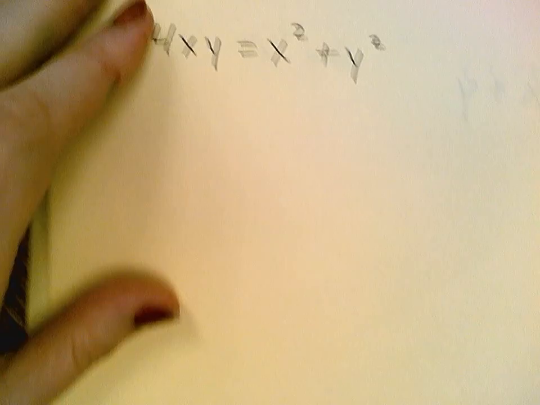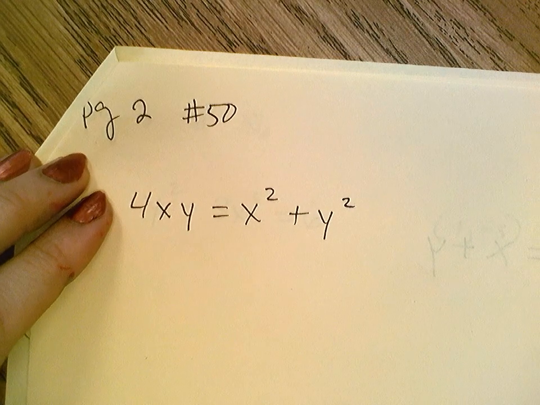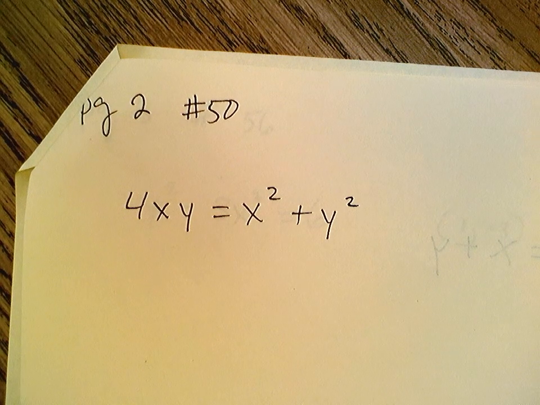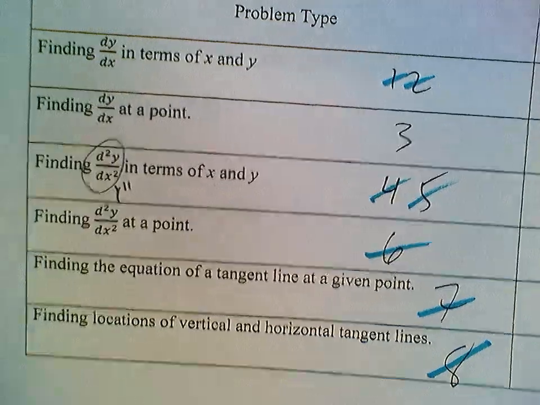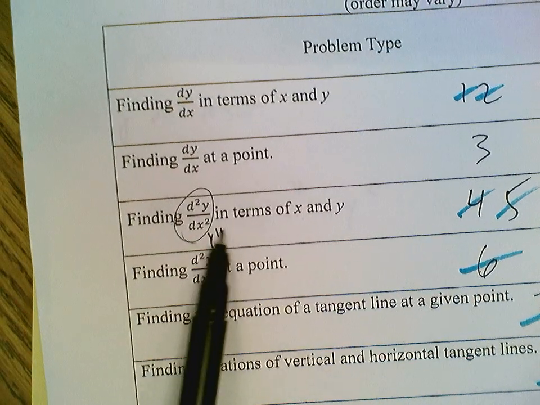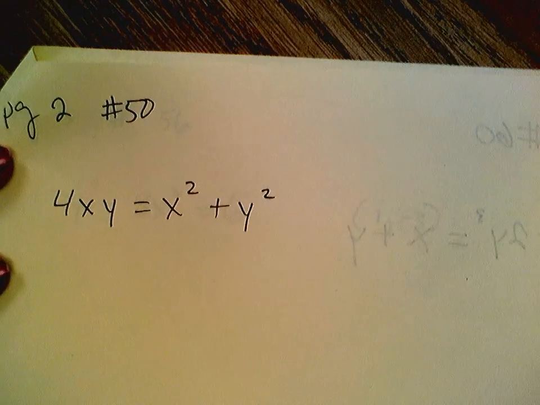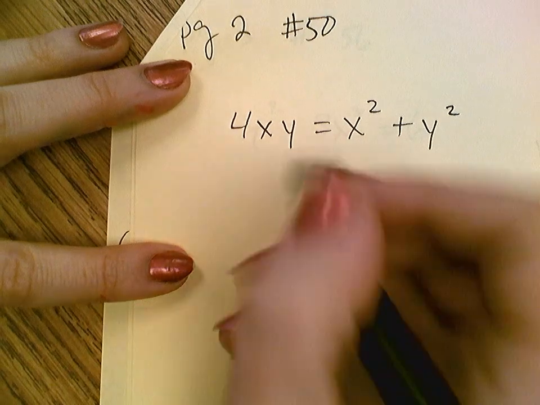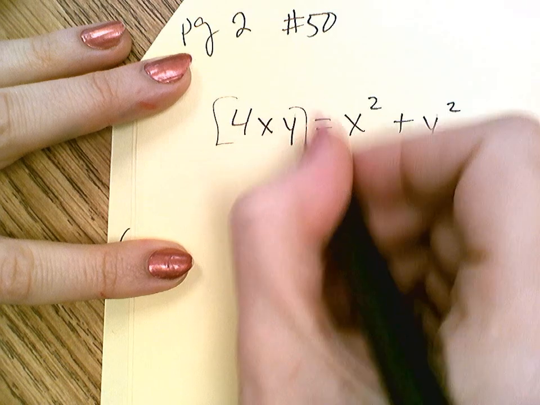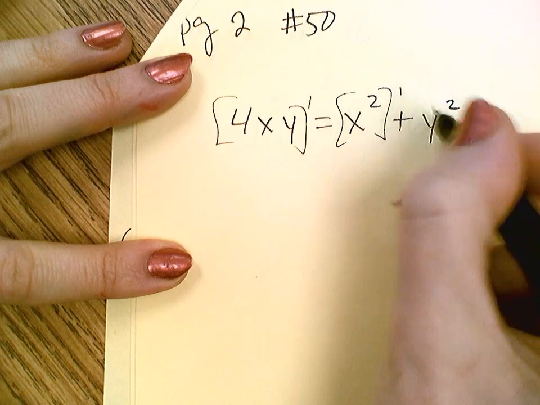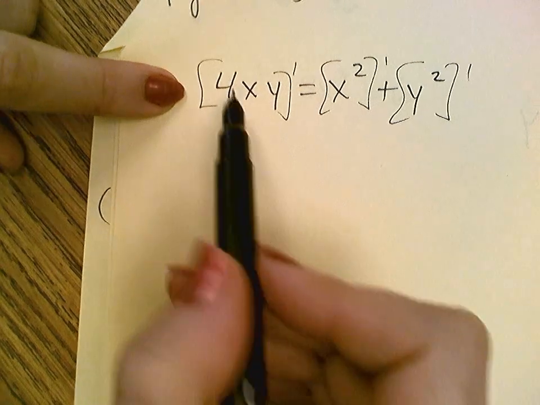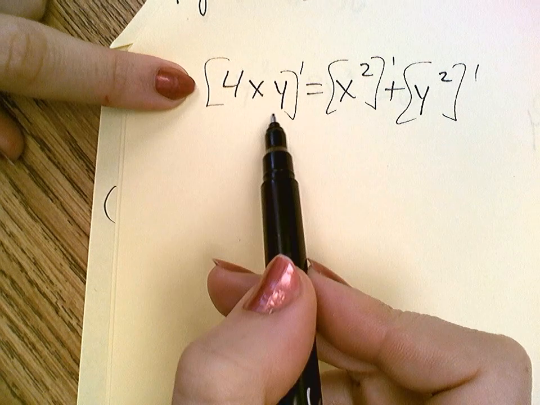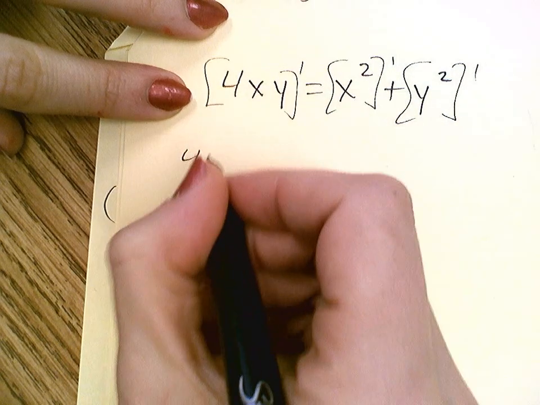Okay, here is the second type of problem, or no, same type of problem, but the second one. We're on the second one. And that is not necessary. You don't have to do that. Okay, product rule here.